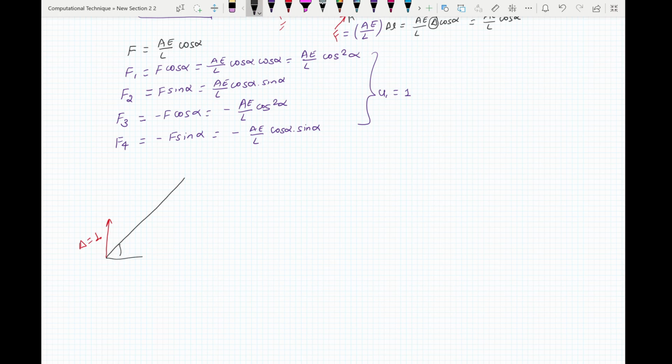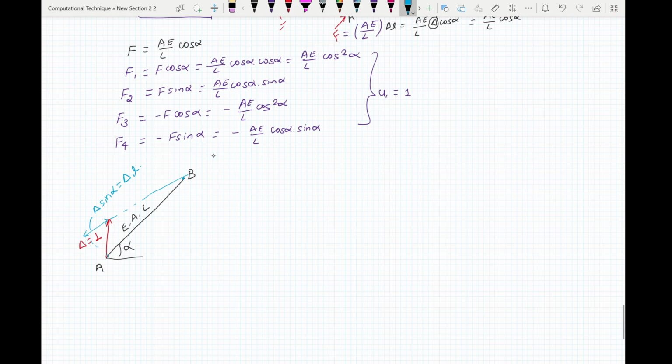This is alpha, this is B, this is A, this is E, A, L. Now this displacement will cause this bar to rotate like this. If we draw a 90 degree here, then we see that this one decreases by delta sine alpha equals delta L.